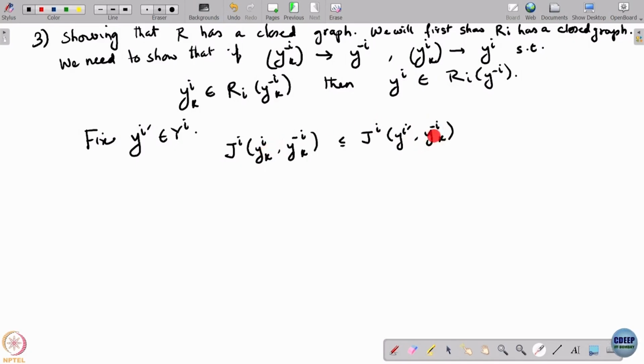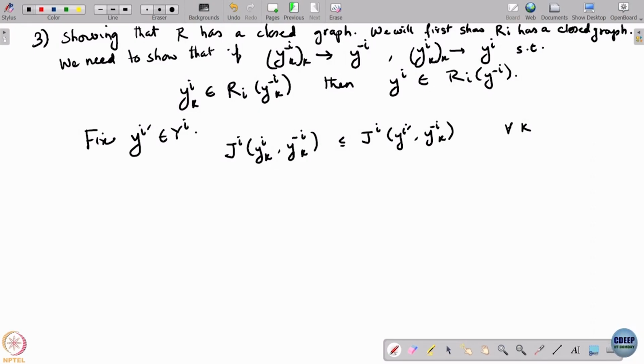While others play y minus i k, player i wants to play yi k, so since this is a best response, this is better than playing yi dash. This is true for every point k along the sequence.